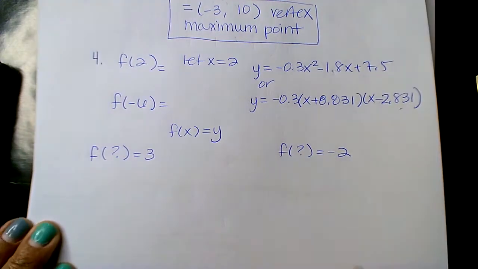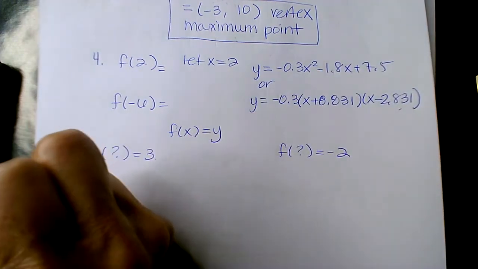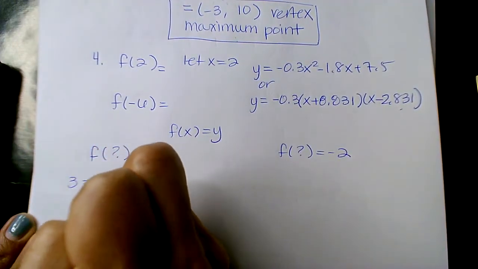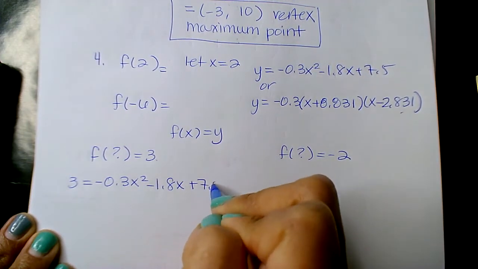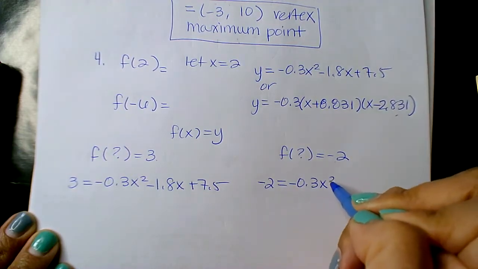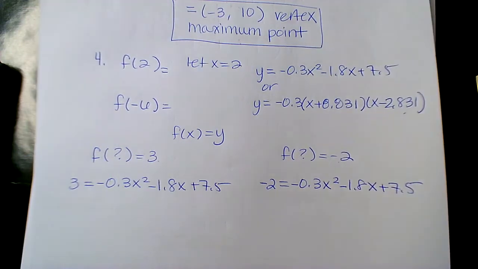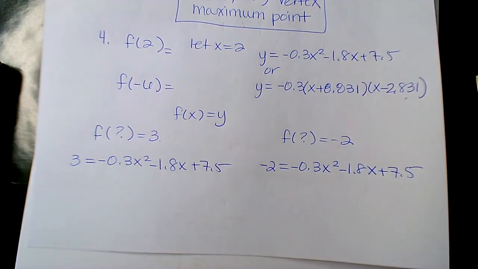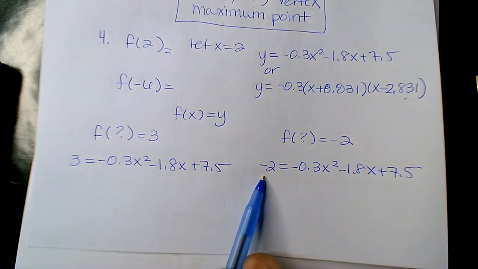So if you guys grab your standard form and I plug in 3, and I plug in the negative 2, this is all cleanup algebra. Can you isolate the x's and find what values give you that negative 6? What values give you 3? What values of x give you negative 2?